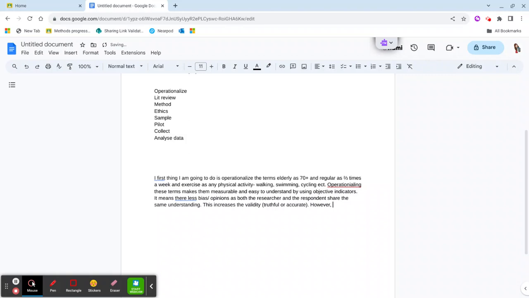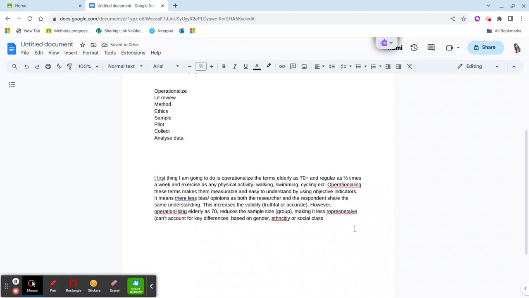However, operationalizing elderly as 70 reduces the sample size. It reduces the sample size or group, making it less representative. It can't account for key differences based on gender, ethnicity, or social class.